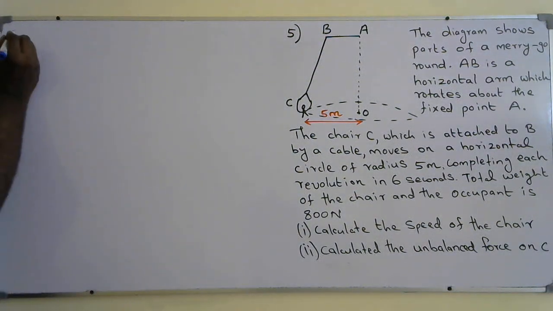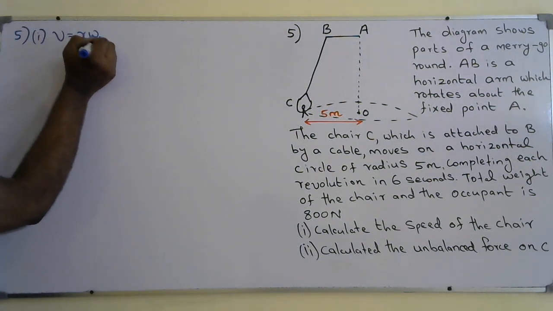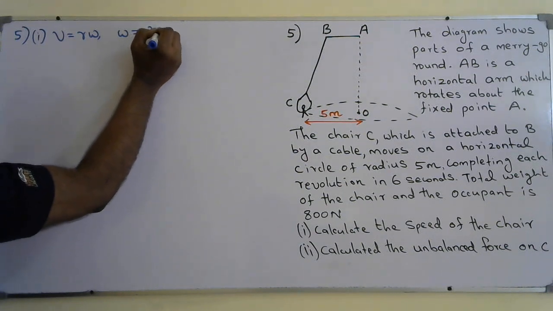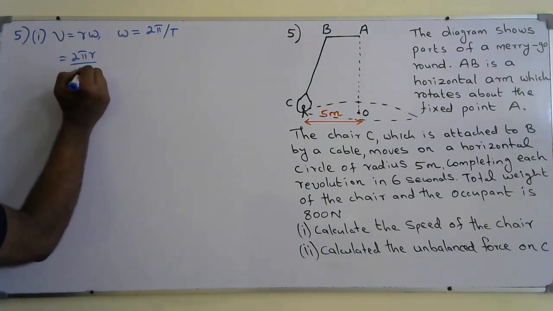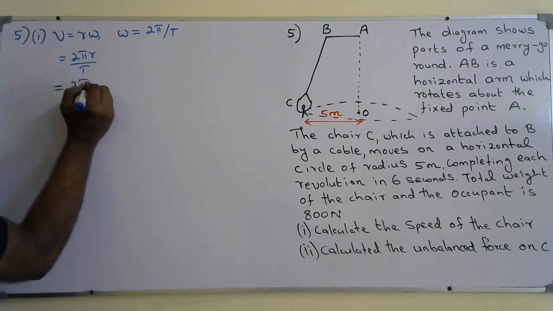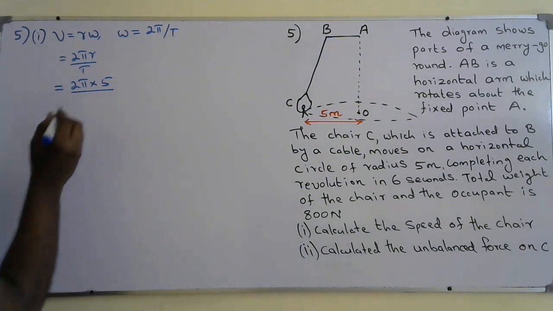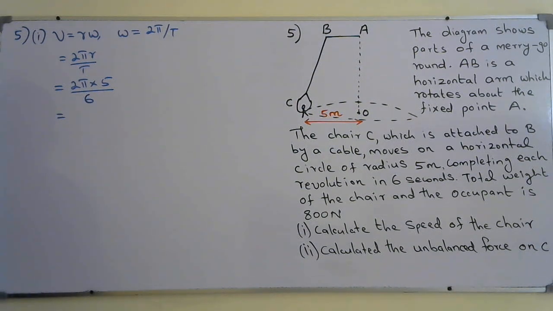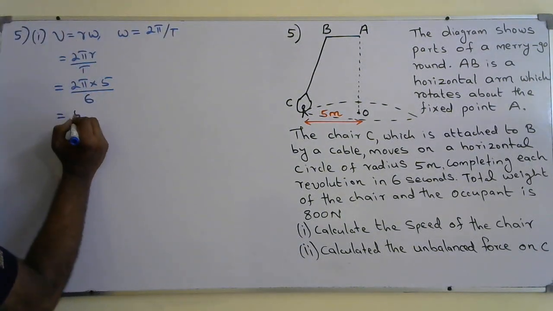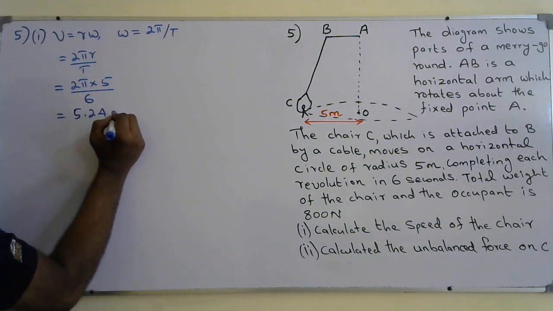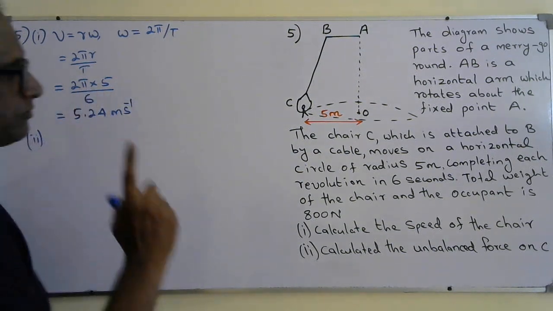If I combine this, it becomes 2 pi r over T. So 2 pi into radius 5, over the time taken T, which is 6 seconds. If you solve it, you will get 5.24 meters per second. That's the first part.